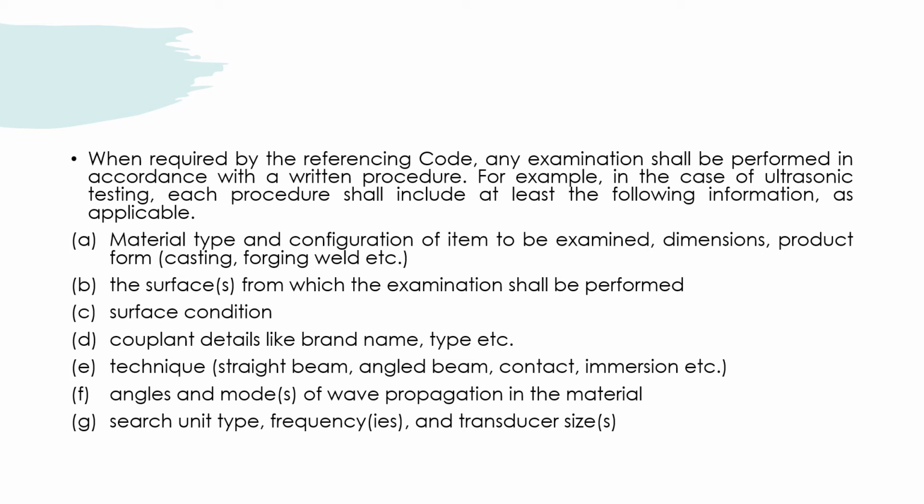For example, in the case of ultrasonic testing, each procedure shall include at least the following information as applicable. Number 1 is material type and configuration of item to be examined.